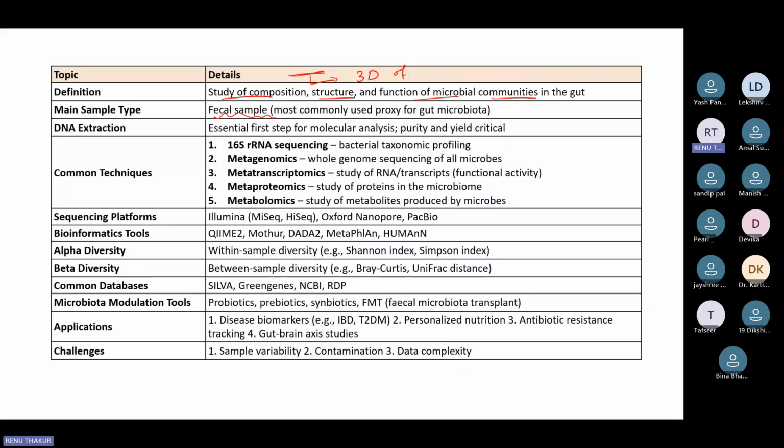Now, what your pathologist will do, whenever he or she harvests fecal samples, then he or she will isolate your DNA; DNA extraction will be done. This genomic DNA will be extracted out, its purity is checked, because 1.8 is required for the DNA purity. So for PCR, 1.6 is also acceptable.